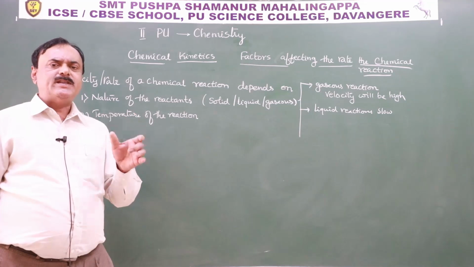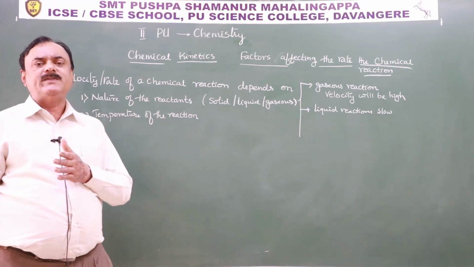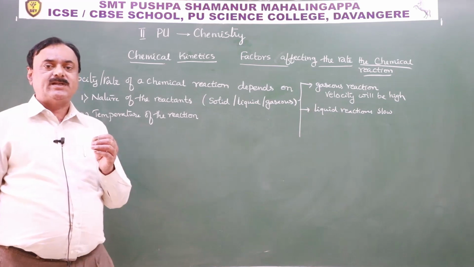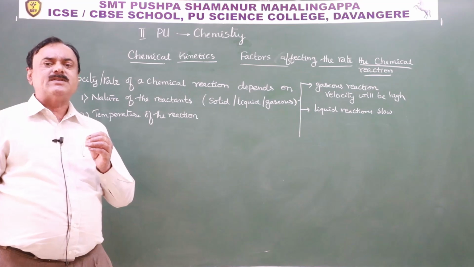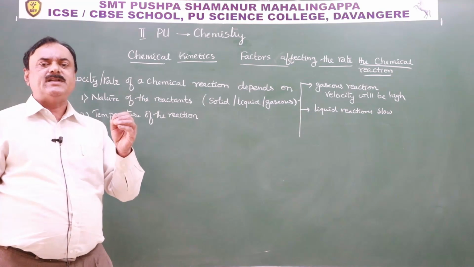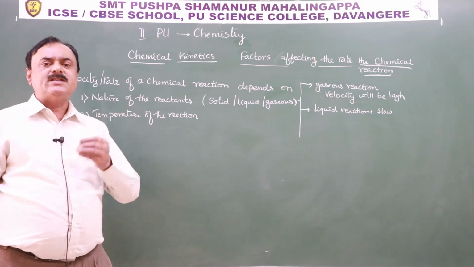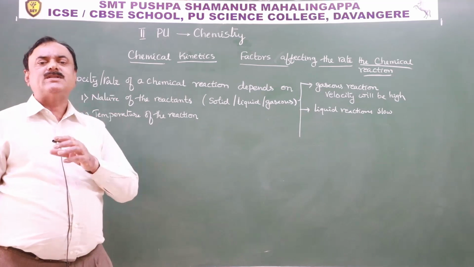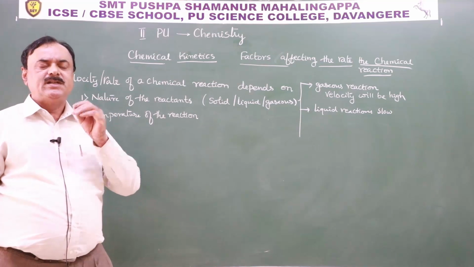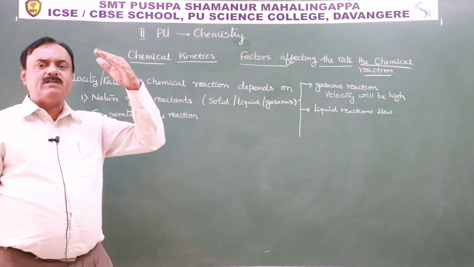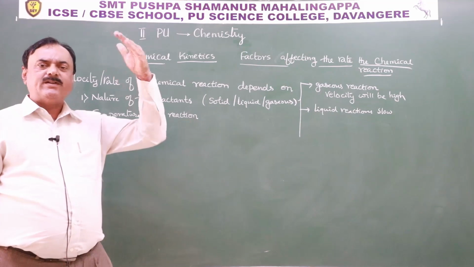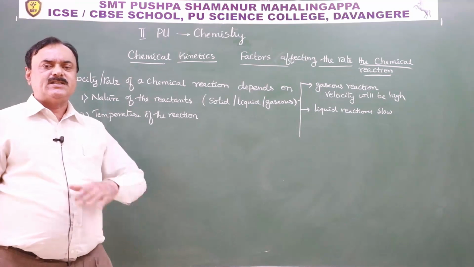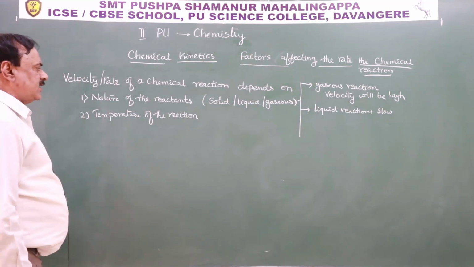The amount of product depends not on the amount of reactive molecules, but on how many reactive molecules are effectively participating in the reaction, because some molecules have higher energy and some have lower energy. With increase in temperature, not all molecules gain higher energy; only some acquire it, reach the higher energy level and undergo collision. The effective collisions increase, and hence the yield of the product also increases. Therefore, it increases the velocity of the chemical reaction.